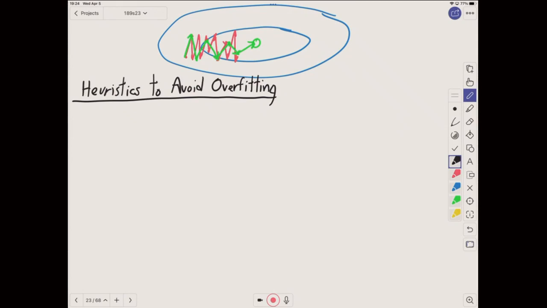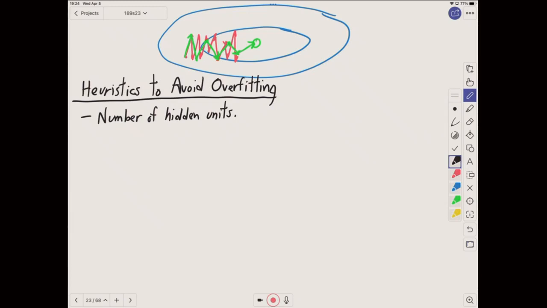And if you do think you're overfitting, if you think you have low bias but very high variance, what can you do about it? There's a number of things. One thing is getting the number of hidden units per layer right is important. This is something you have to play with.